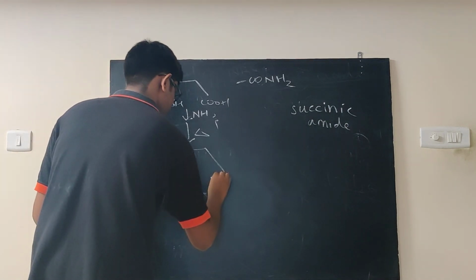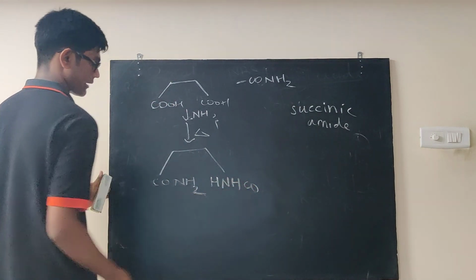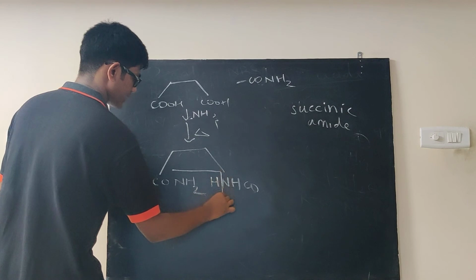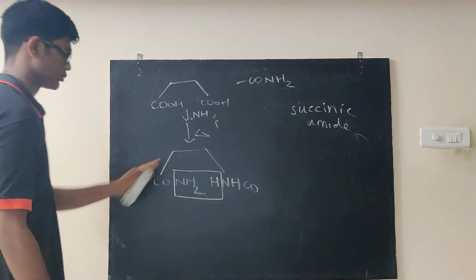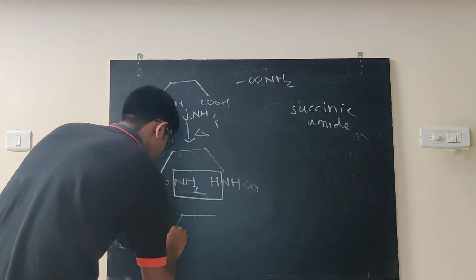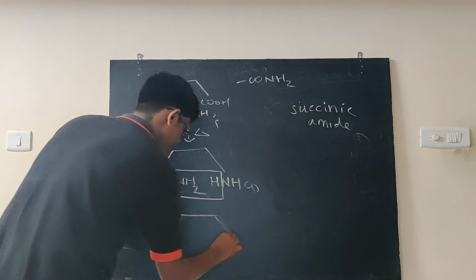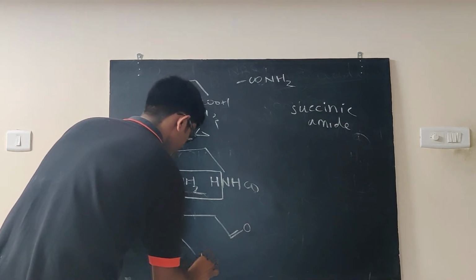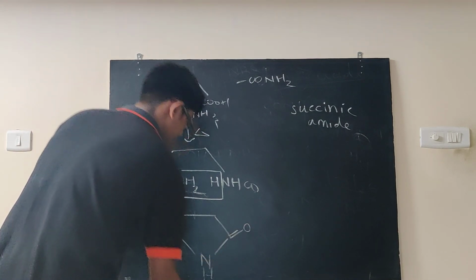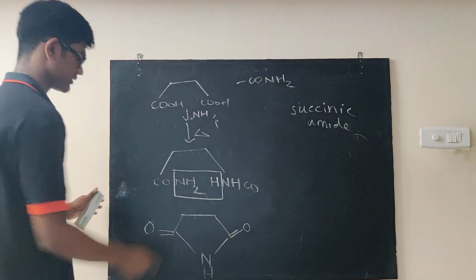I put one hydrogen here, NHCO. Okay, CONH2. But I'm writing it this way because now you can see the mechanism coming into the picture. I can remove a molecule of ammonia, right? If I remove a molecule of ammonia, you get this compound. So carbon is attached to an oxygen, so I put the oxygen like this. Both are attached to a nitrogen. NH, right? There's an NH. CO is there. So this is basically succinamide.